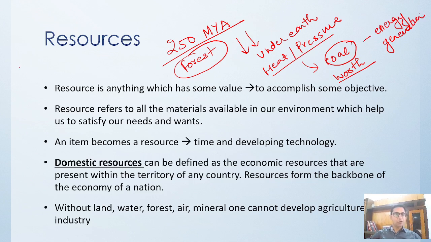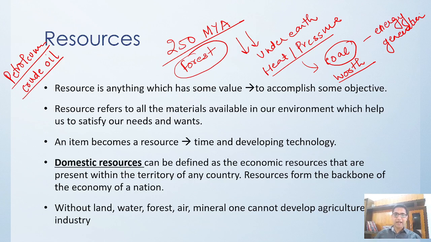Now we know petroleum resources. Petroleum comes from crude oil. How is crude oil made? It is because of dead and decaying microorganisms and marine animals. They got submerged under the sand of the riverbed and seabed for a long time, and because of extreme heat and pressure, they get converted into crude oil, right?